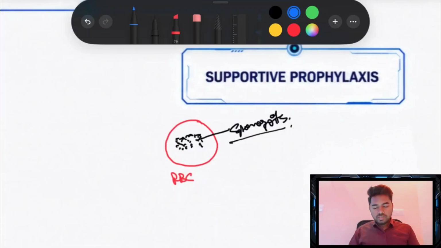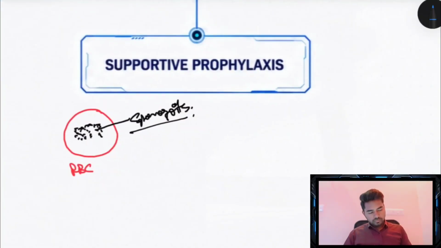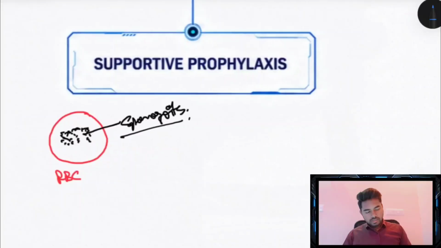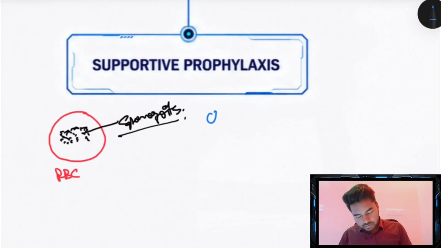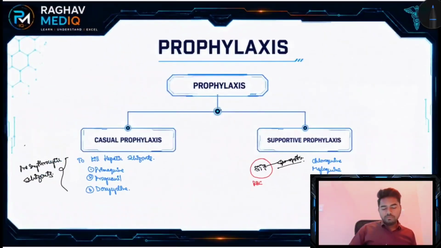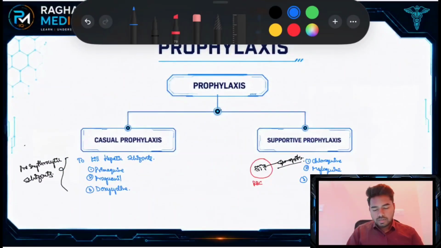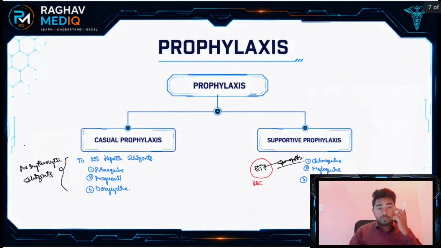We use drugs to kill these parasites inside the RBCs. There are three drugs. One is chloroquine, mefloquine, and doxycycline. And this is about prophylaxis and pharmacology of malaria.